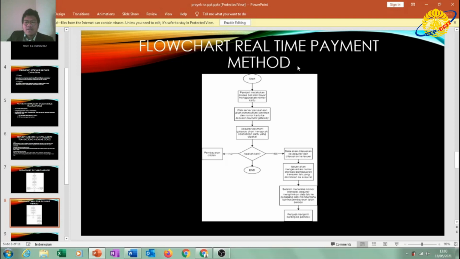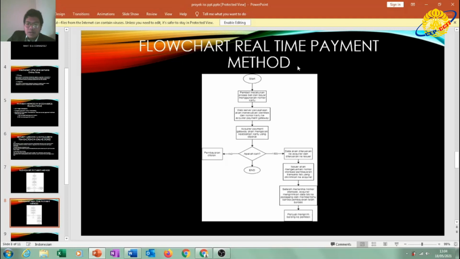And this is the flowchart for the real-time payment method. First we start, and then the buyer does the buying and paying process using a card, and then the web server of the company will forward the identity and the card number to the acquirer payment gateway, and the payment gateway will check the right of the card, whether the card can be used.